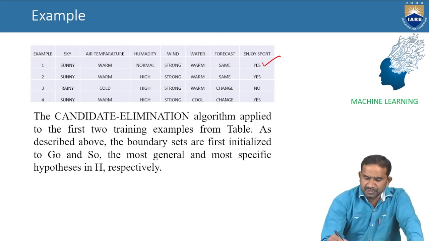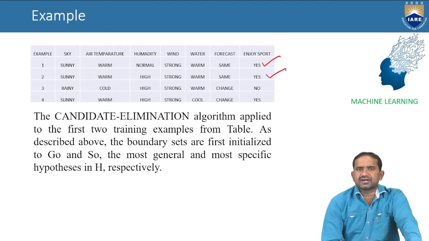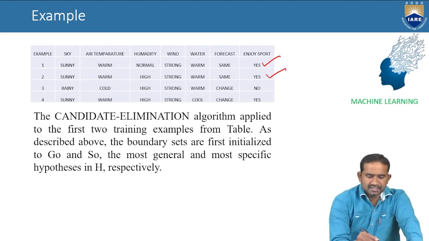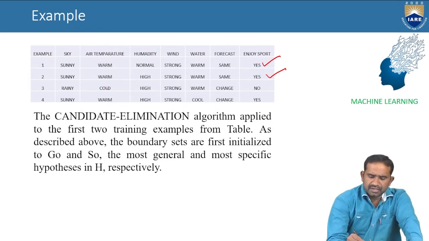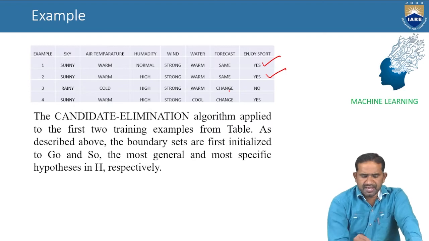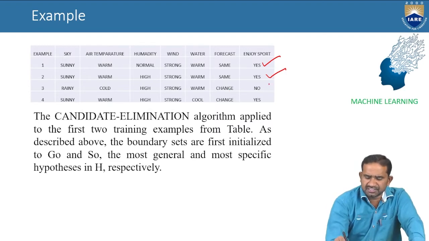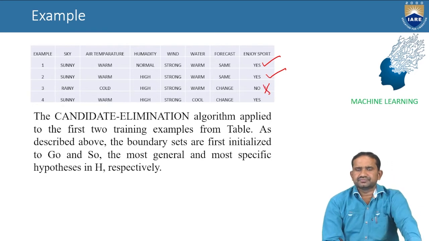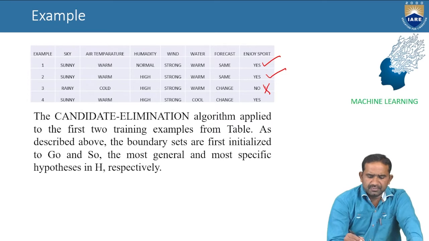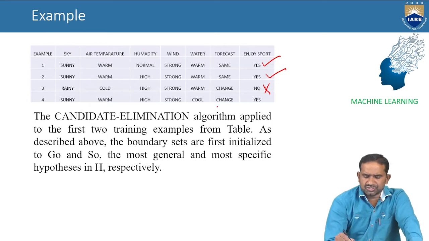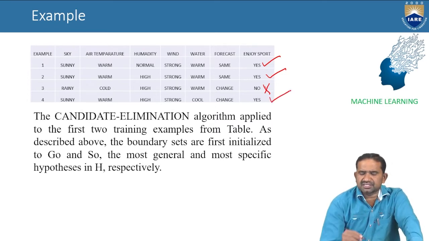The final output about enjoy sports, based on these attribute values, is also yes. The third instance is sunny, rainy, cold, high, strong, warm, and change. Based on these attribute values, it is not enjoy the water sport. And the fourth instance is sunny, warm, high, strong, cool, change, and it is also enjoy the water sport.